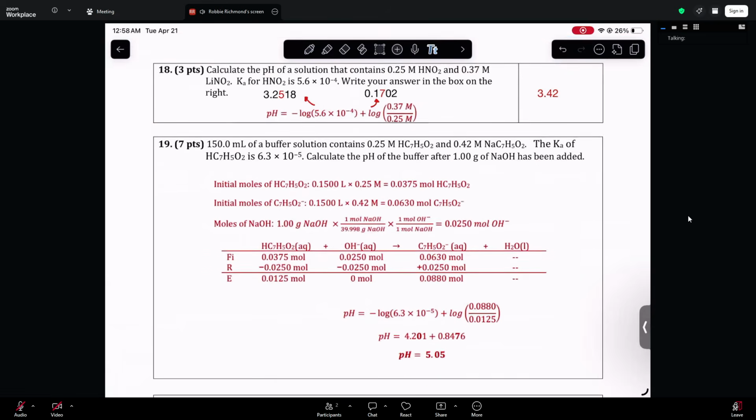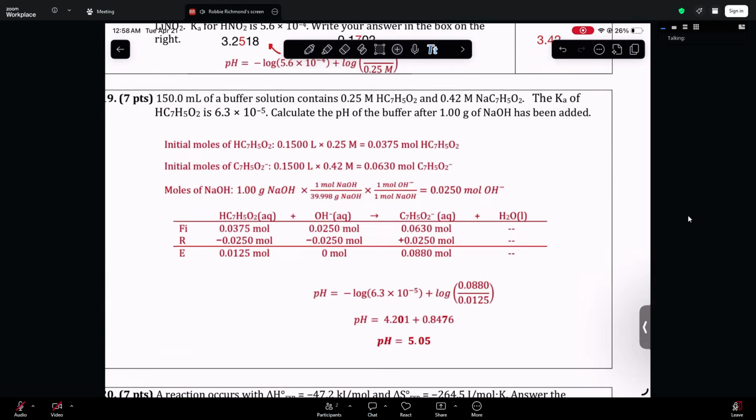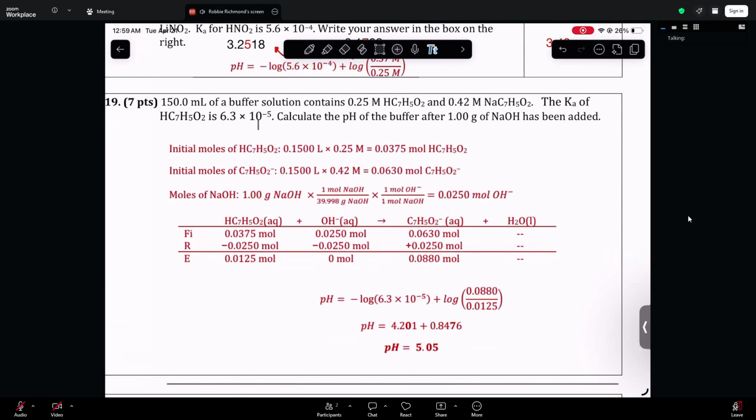All right. Question 19. This is basically what I would do. You're given a buffer that contains 0.25 molar of our acid and 0.42 molar of our conjugate base, and the Ka of our acid, and we're asked to calculate the pH of the buffer after 1 gram of sodium hydroxide has been added.